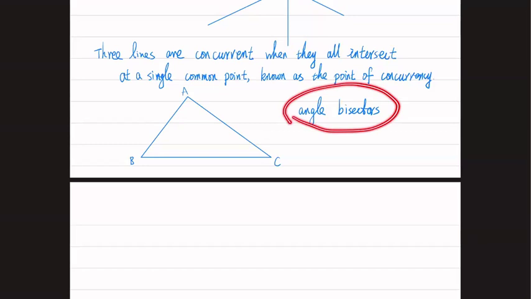As the name indicates, the angle bisector is a line that bisects the angle, so it divides the angle into even parts. Oh, it's not equal. Let me adjust.